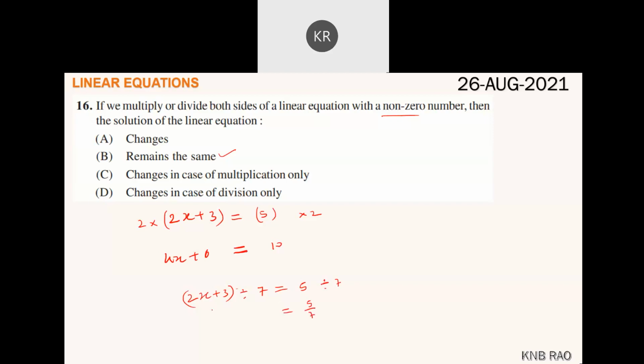Because 2x plus 3 upon 7, this 7 gets cancelled whenever you want. It won't change. 7 comes and cross multiplies. Yes. 14x plus 21 equals 35. Same thing.